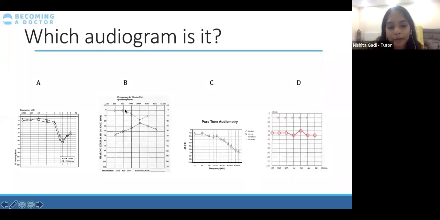You might not be able to infer this from what we talked about so far, but when you see this bit here, these two lines, the bone line and the air line, touch, and that's called a Carhart notch. When you see a Carhart notch, you know it's otosclerosis. That's very characteristic of this disease.